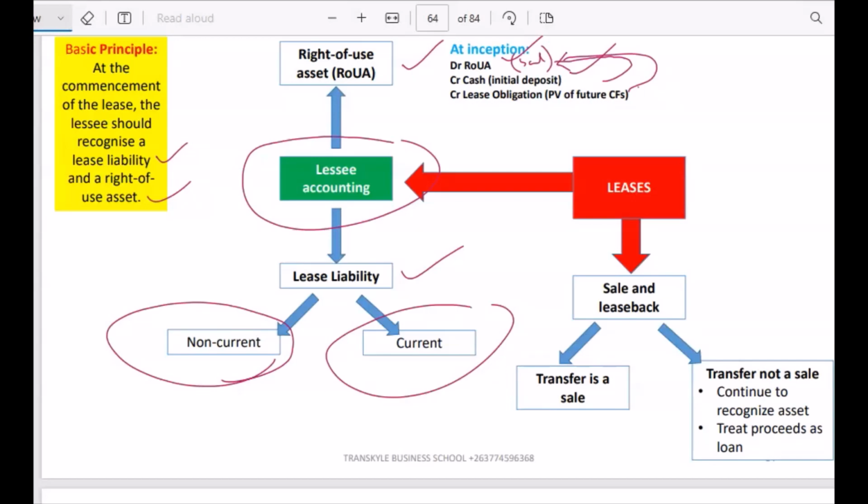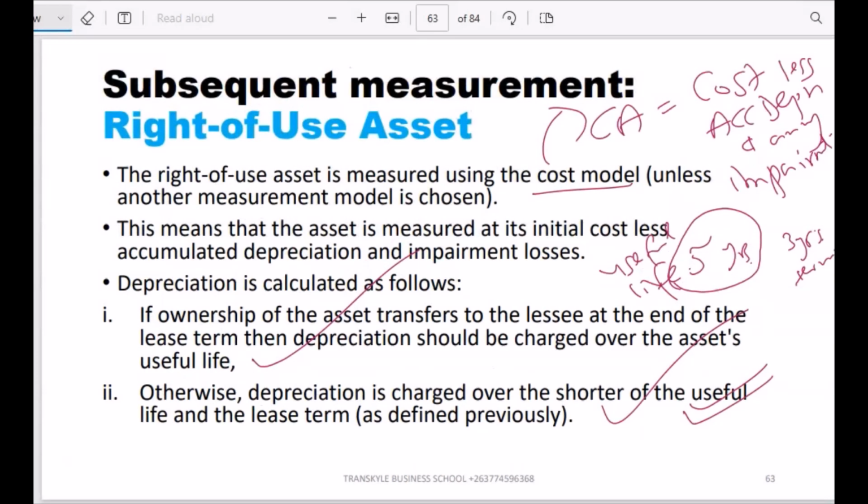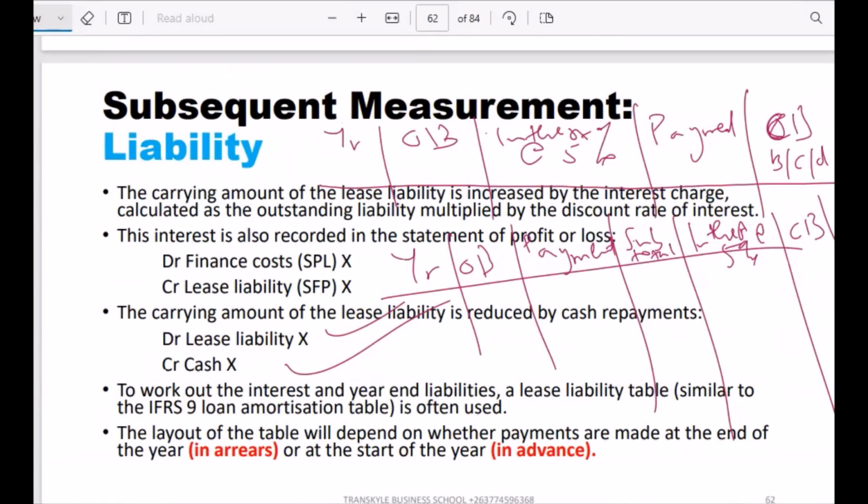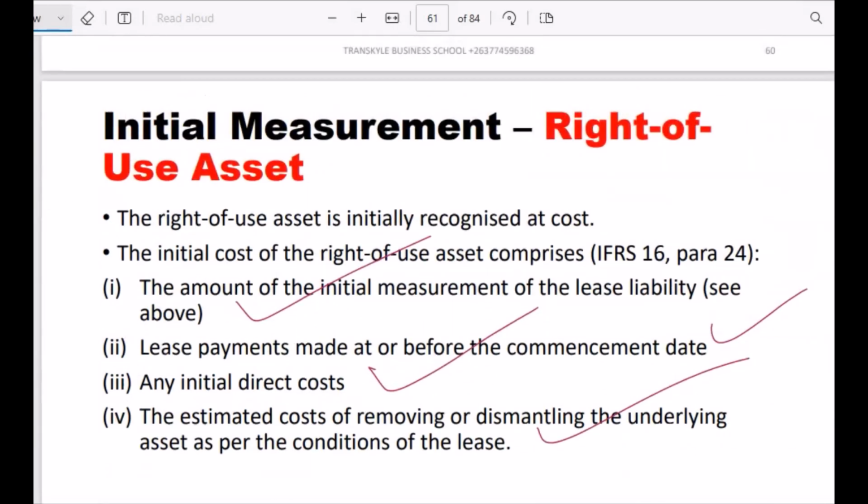Remember, we said that the right of use asset is made up of the amount of the initial measurement of the lease liability and the lease payments made at or before the commencement of the lease, and then any indirect cost. So all these figures have to be known. Then after you know these figures, you calculate the right of use asset as the aggregate of those figures.